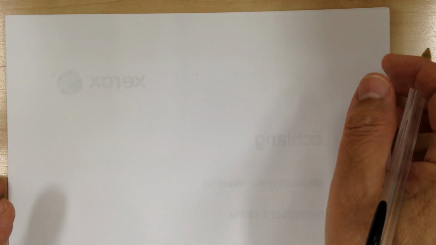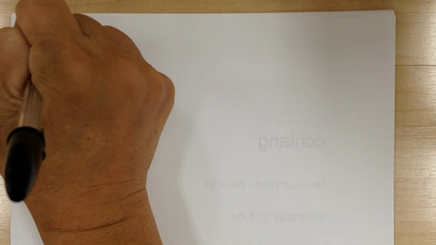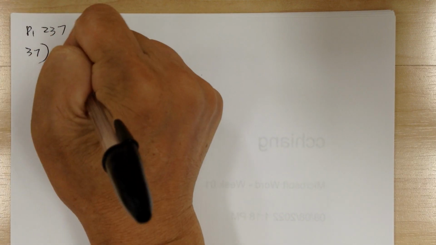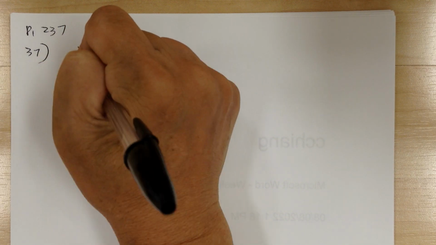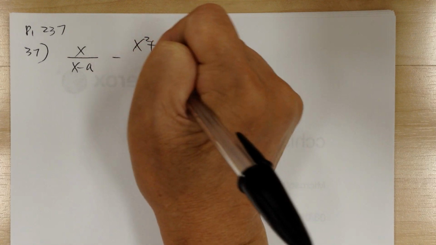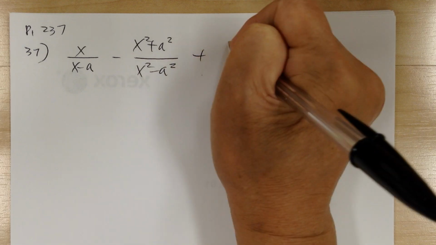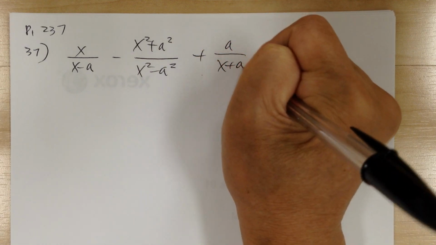Okay, next one. You've got x over x minus a, minus x squared plus a squared over x squared minus a squared, plus a over x plus a.